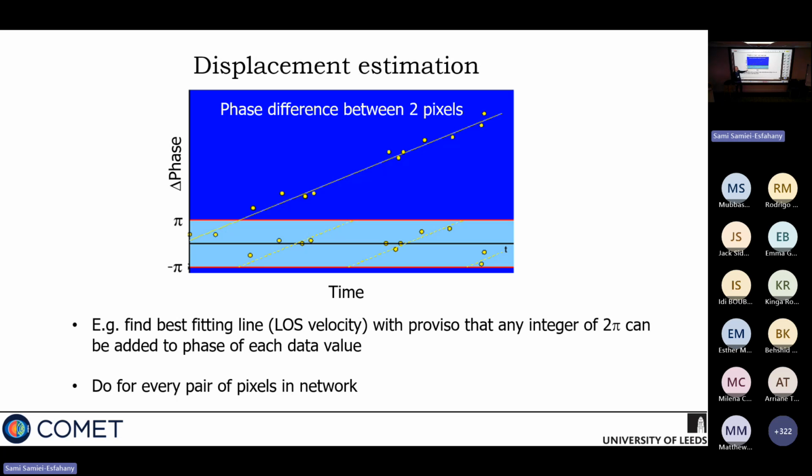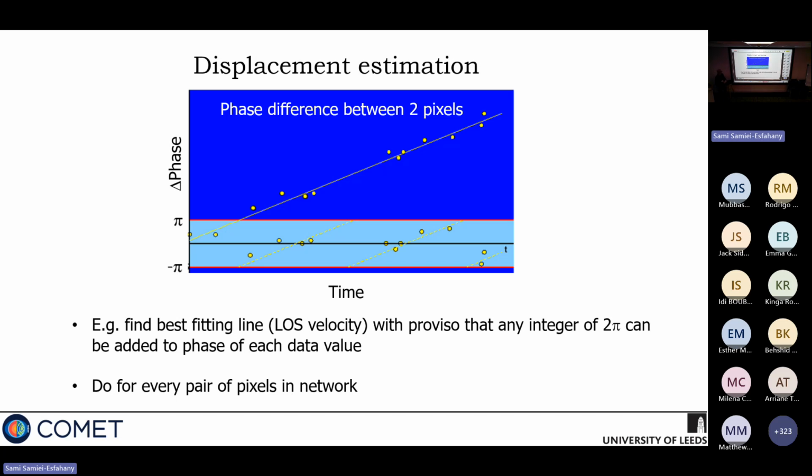Because of the wrapped nature of the phase, to actually fit a straight line, which is what you do when you estimate velocity, you have to allow for the fact that each of these values could have an integer number of 2 pi added to it. So this pixel could actually be up here, or down here as well. Fitting this line is not as straightforward as it might seem. It's not a linear problem.